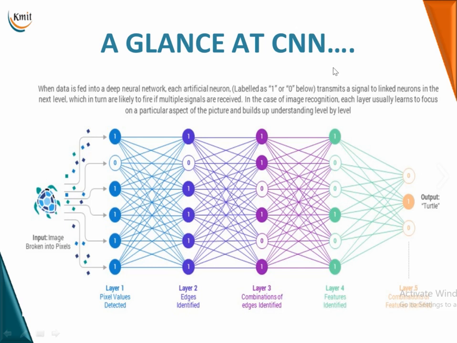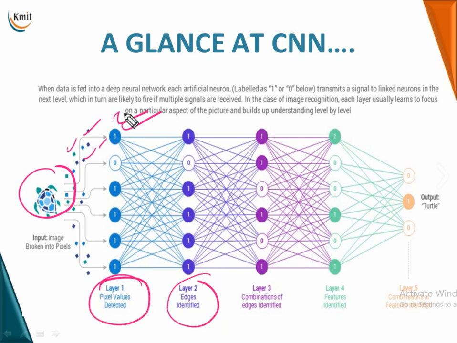So this is a glance at CNN that you can see. Here you have an image which is broken into pixels. Each pixel is given to the first layer, where the pixel value is detected. In the next layer, as I told you, you will use suitable layers of convolution until the required features are extracted.